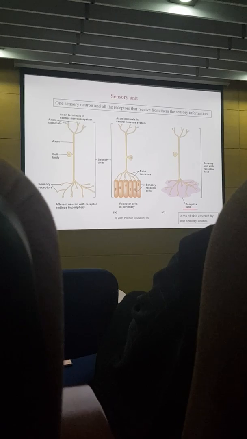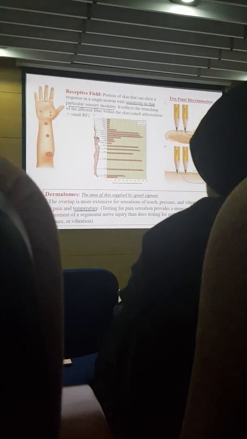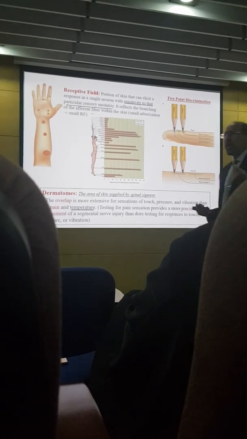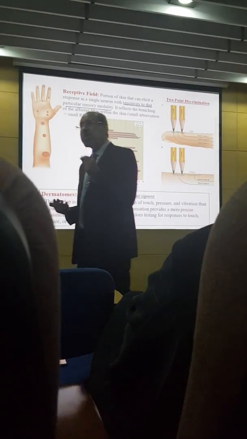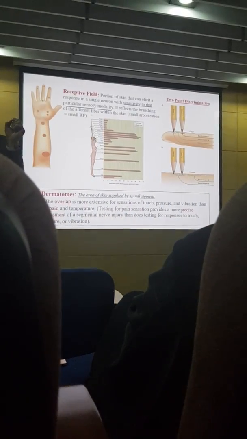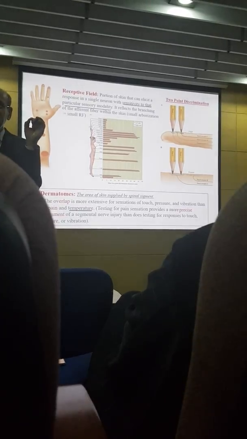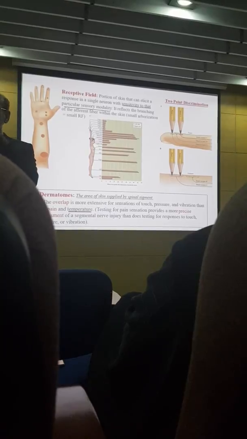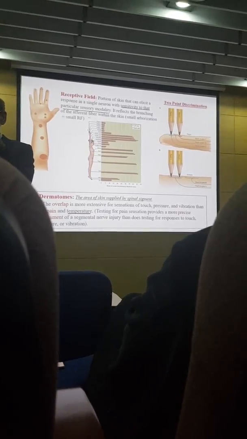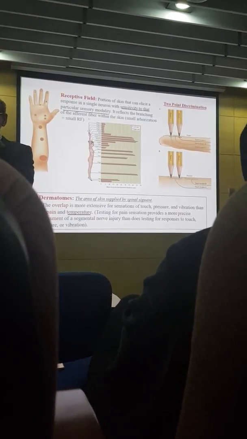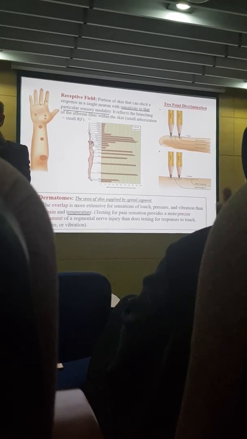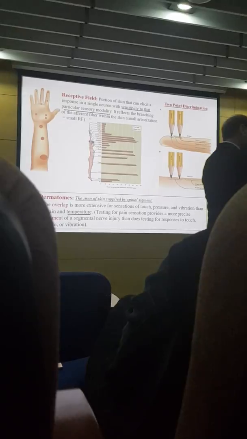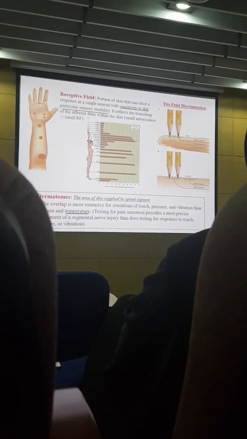Of course, the more specific the area of the skin, the smaller the receptive field. What is the receptive field? It is the area of skin supplied by one sensory neuron. So one neuron supplies an area of skin, and this area of skin we call the receptive field or the sensory field.